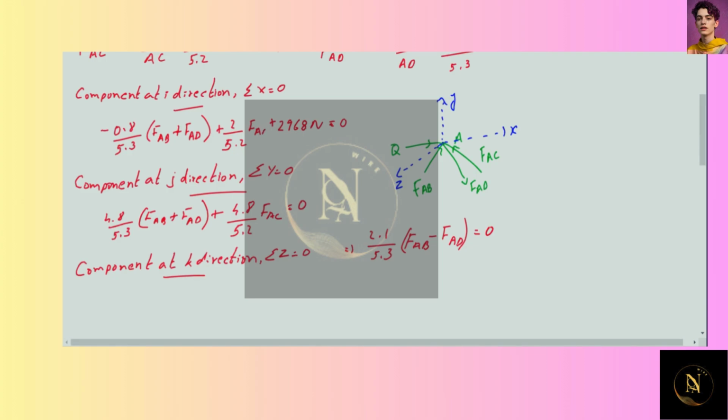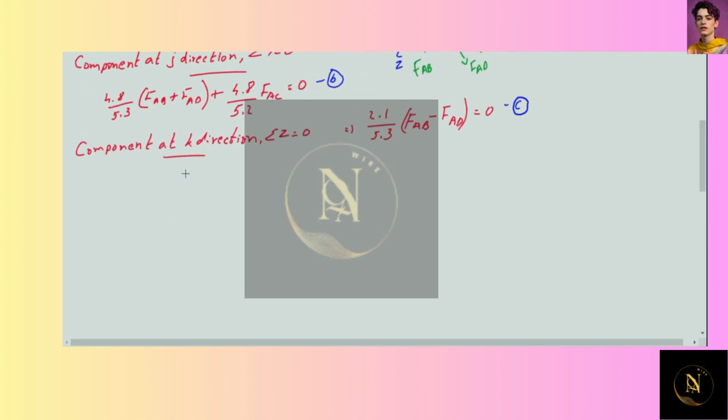Okay, so let's name this as equation A, this one as equation B and this one as equation C. Solving A, B and C gives us the unknown values.